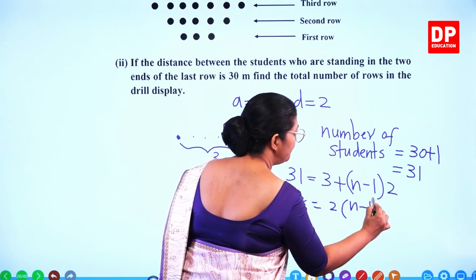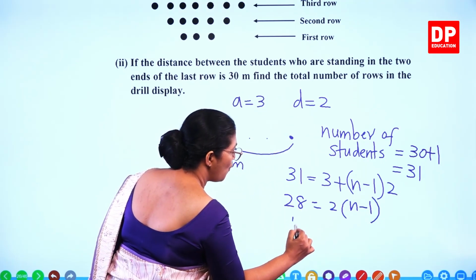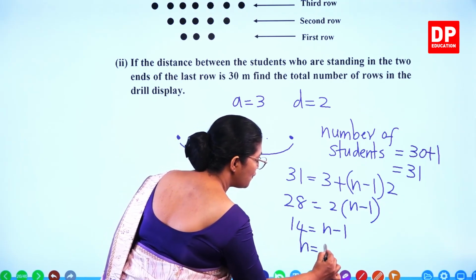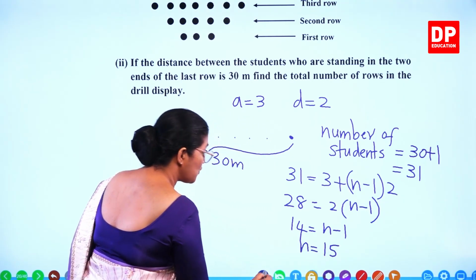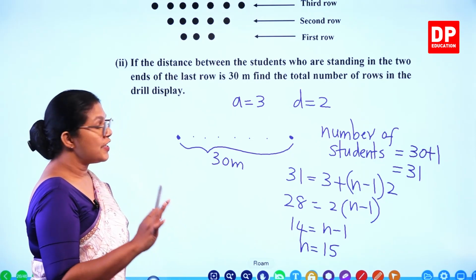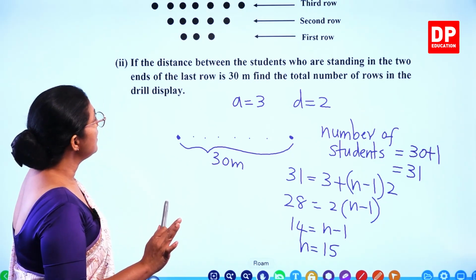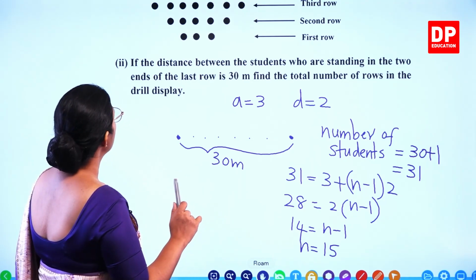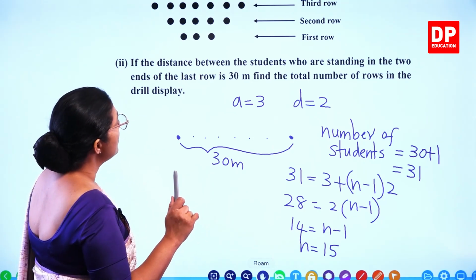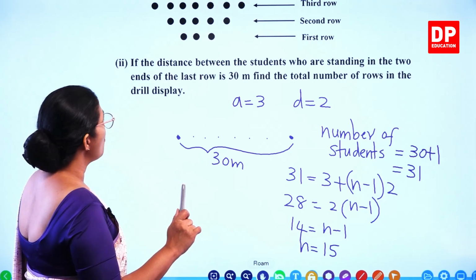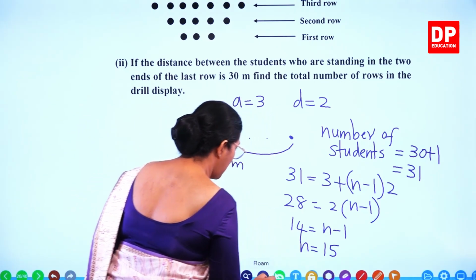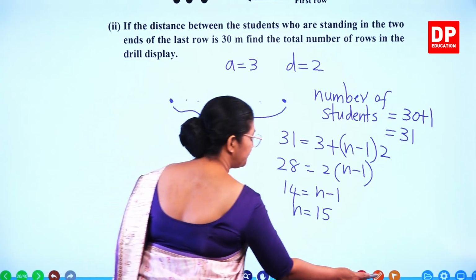Divide by 2, you get 14 equals n minus 1. n becomes 15. n becomes 15 means 15 rows are there in this sequence. So what they ask, if the distance is this, find the total number of rows in the drill display. That's 15 rows.